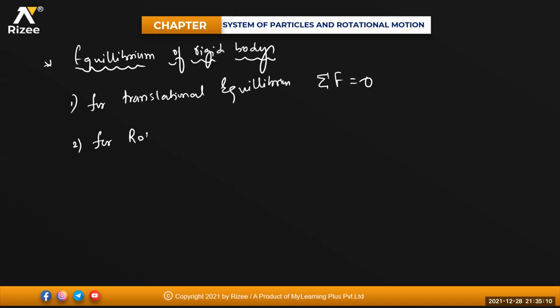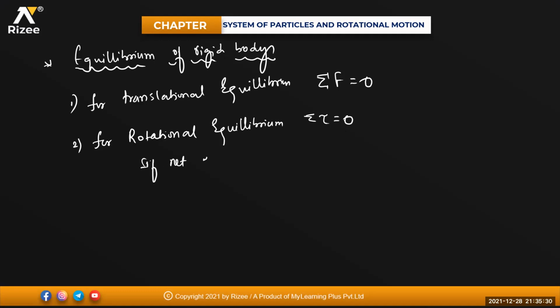For rotational equilibrium, the sum of torques must be equal to zero. That means if the net torque acting on the system is zero, then the body is said to be in rotational equilibrium.